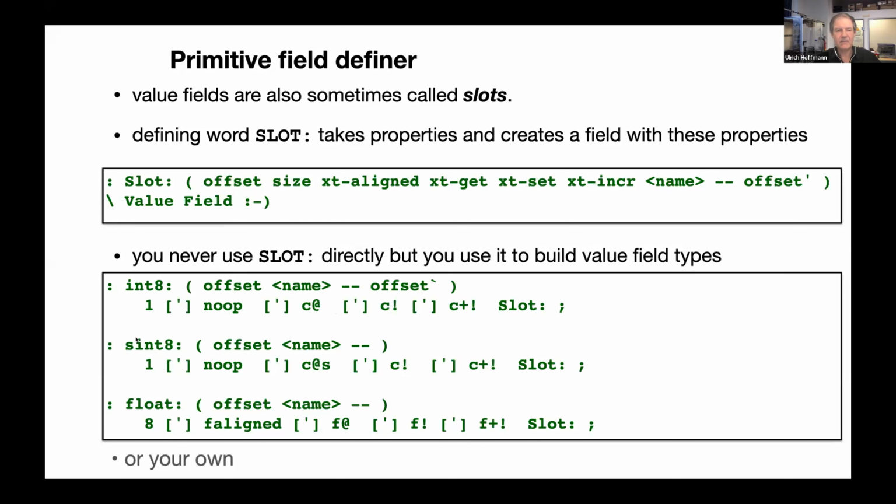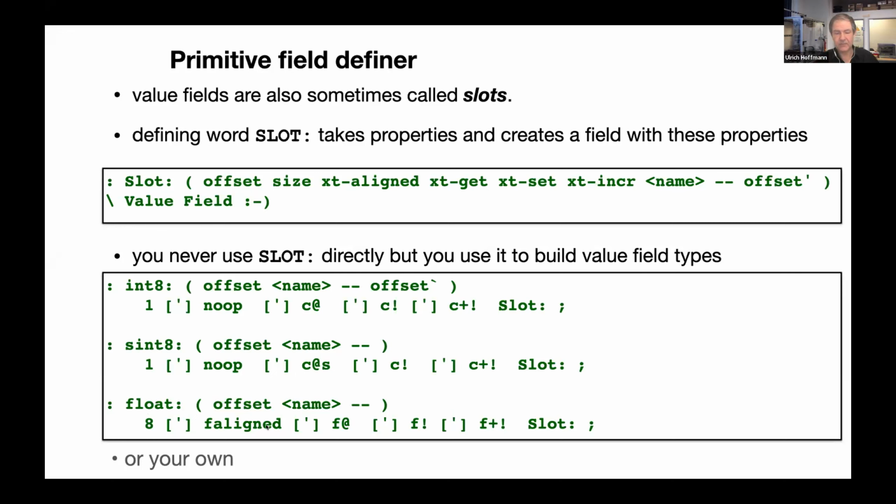If you have a signed 8-bit value, all you have to do is the sign extension when you fetch. And this is what the code here, cfetch-s, actually does. Or if you have a floating point field, then in the system I'm looking at, it's 8 bytes large.